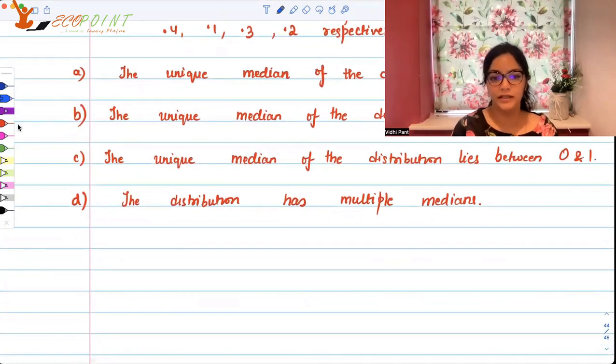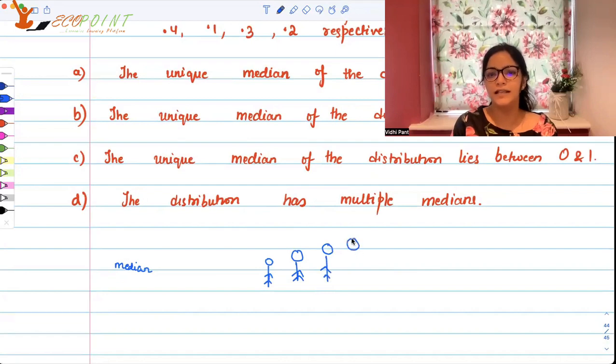What is median? The first thing that we need to know is, what is median? So in case there are, say, 5 students and I want to find out the median height, what I'm going to do is make them stand in, say, increasing or decreasing order. And median height would be the middle height.